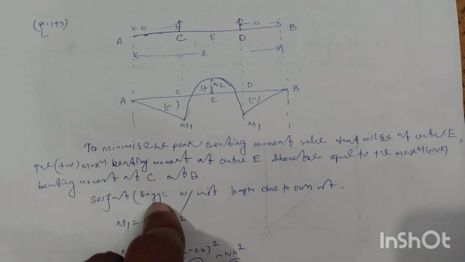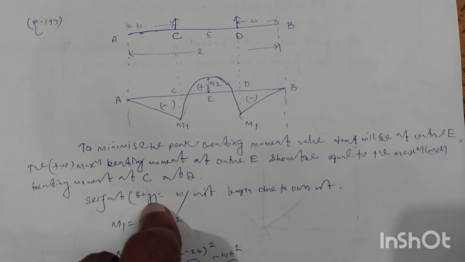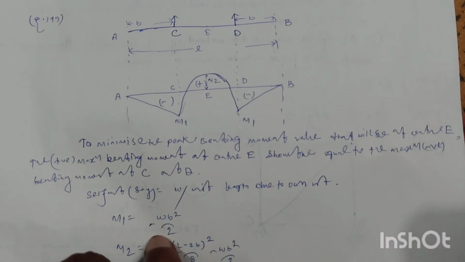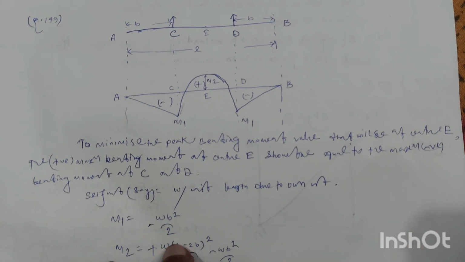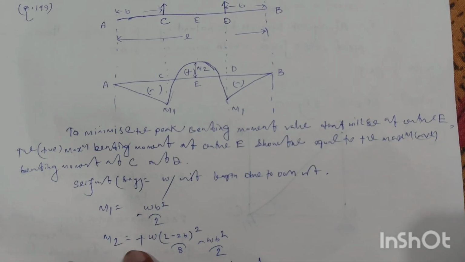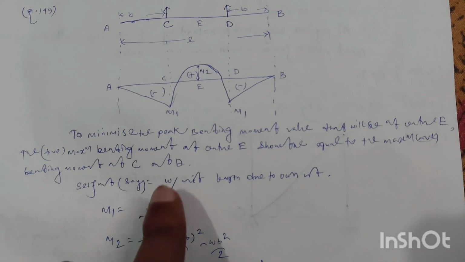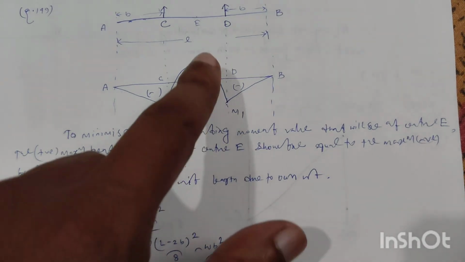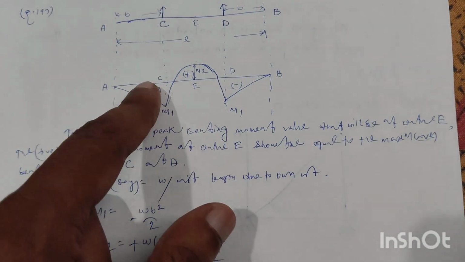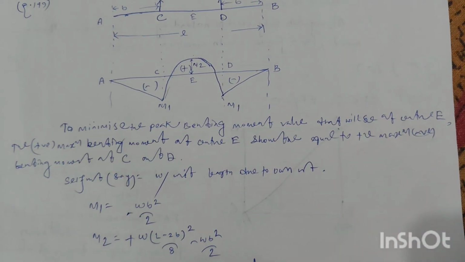Suppose say self weight of the member is equal to W per unit length. So bending moment M1 will be equal to W into B square by 2 minus, because this is hogging, and the positive bending moment at the center M2 will be equal to W into this length L minus 2B square by 8 minus the hogging moment WB square by 2.